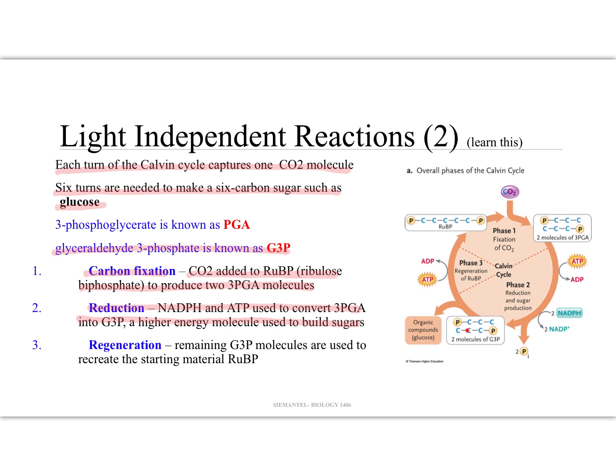So once these G3P molecules have left, I am left with the 5 initial carbons that I had already. Okay, so I have to go back and remake RuBP so that carbon fixation can take place again. Okay, and so that's how the Calvin cycle works.